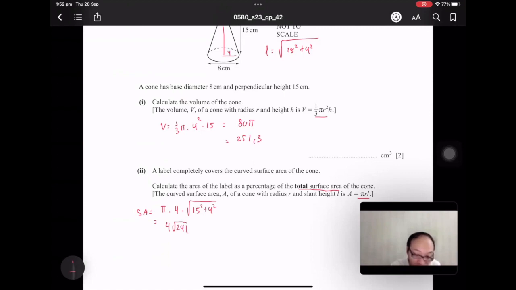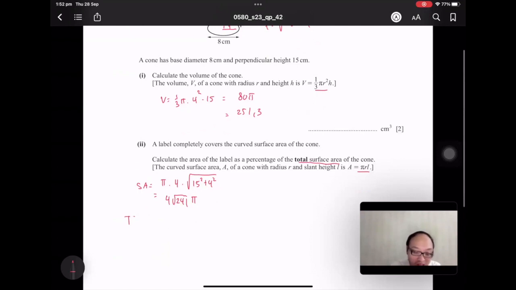And then for the total surface area, it is the area of the circle, pi r square, pi times 4 square, plus the curved surface area, yeah? So that means we can put plus 16 pi.